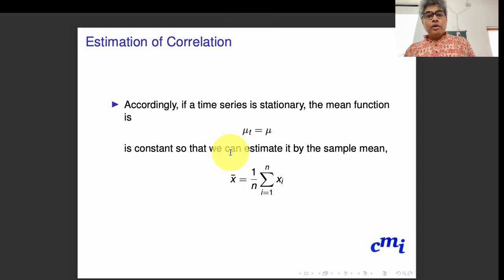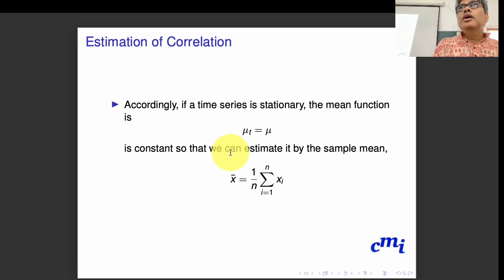Now, according to the stationary time series, I can say that mu_t equals mu. By definition, if the time series is stationary, then mu_t will be constant.